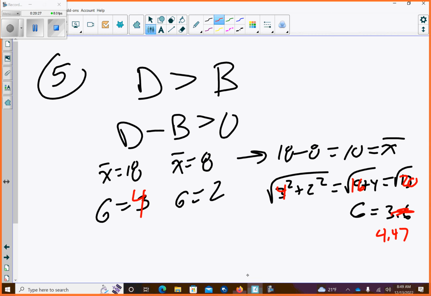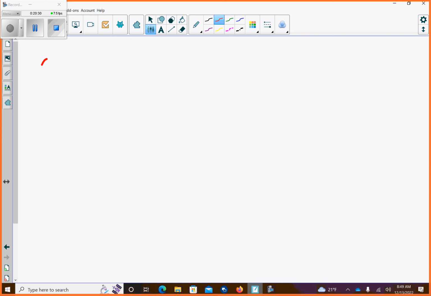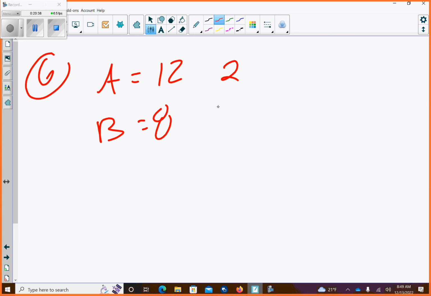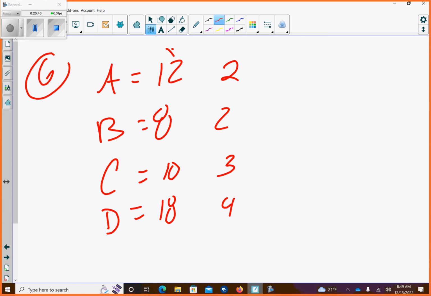All right. So all 4 tasks. So A is 12 and 2, B is 8 and 2, C is 10 and 3, D is 18 and 4. So those are the means and the standard deviation of each.